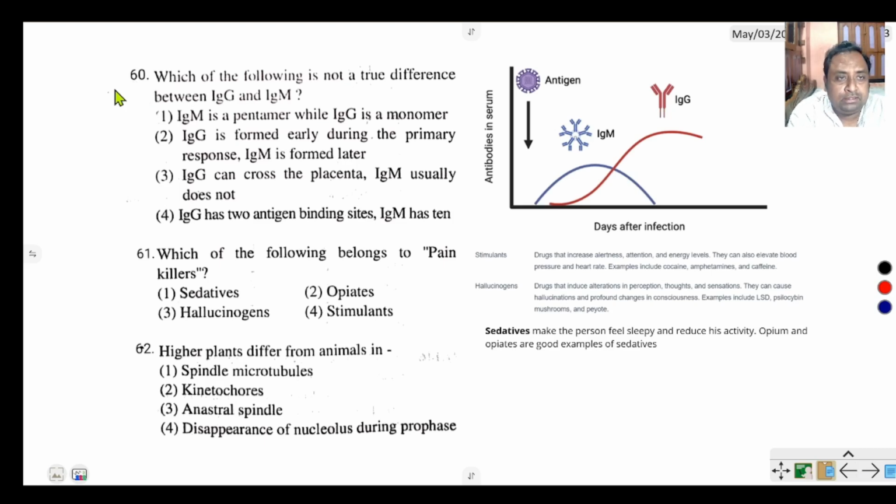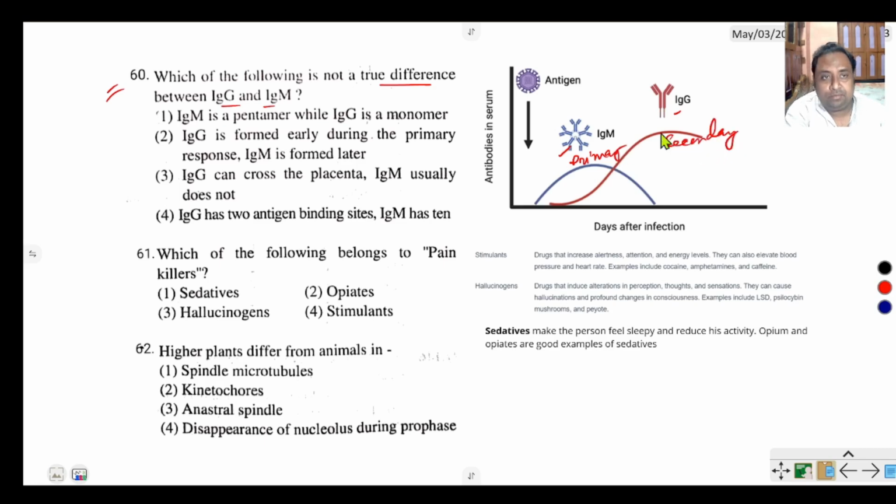Question 60 says which of the following is not a true difference between IgG and IgM? Option 1, IgM is a pentamer. Definitely IgM is a pentamer and IgG is a monomer. Option 2, IgG is formed early during the primary response. Not so: IgM shows the primary response and IgG shows the secondary response.